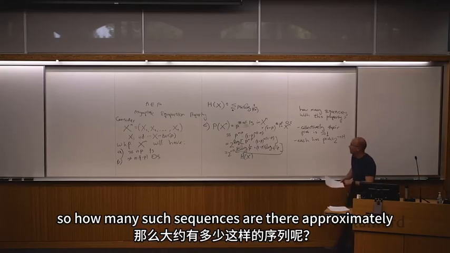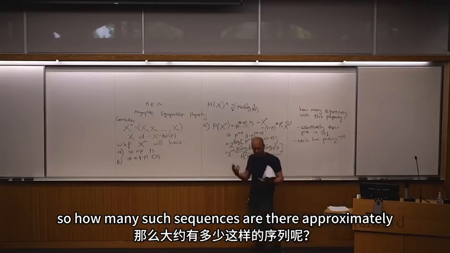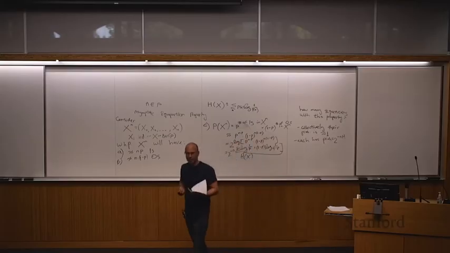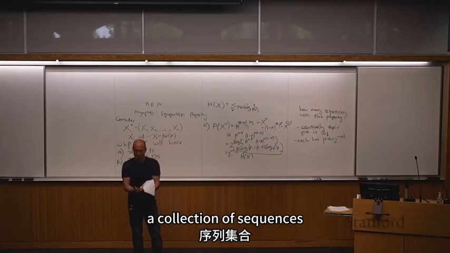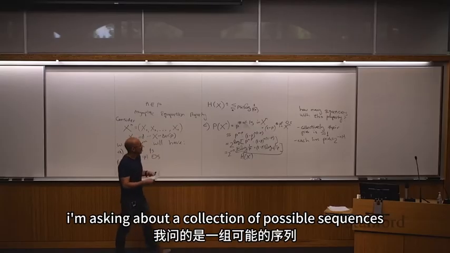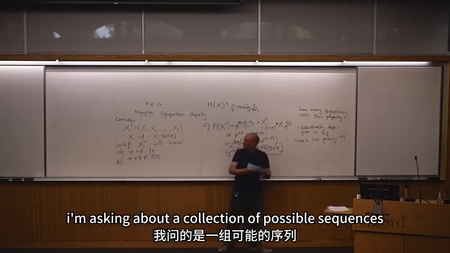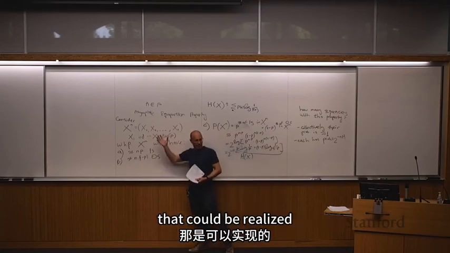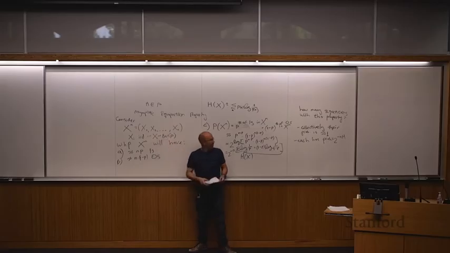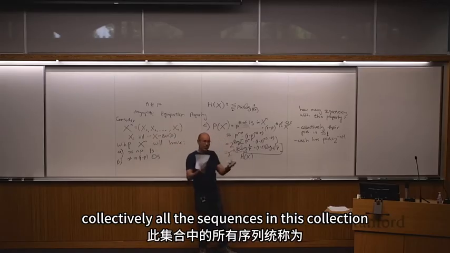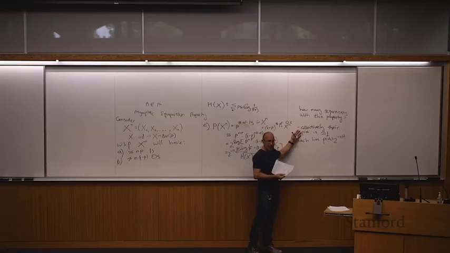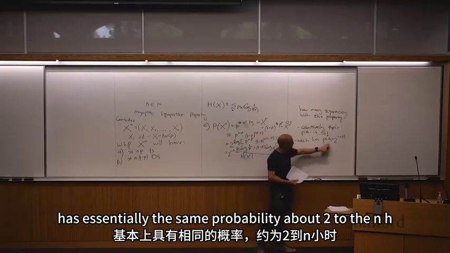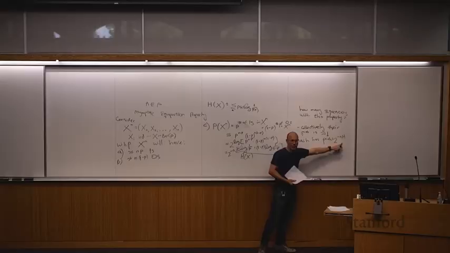So how many such sequences are there, approximately? I'm asking about a collection of possible sequences that could be realized. Collectively, all the sequences in this collection have probability about 1, and each of them individually has essentially the same small probability, about 2 to the minus nh.